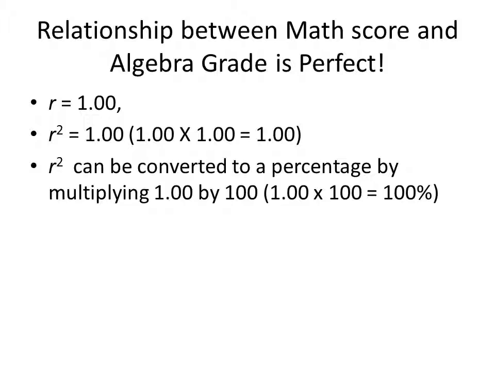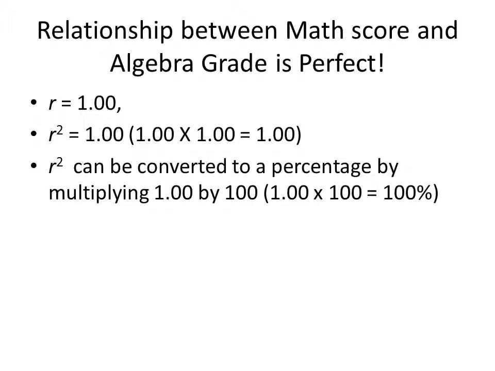Now when we look at this, the relationship between math score and the algebra grade is perfect. So we have an r of 1.00, which is a perfect relationship, and we would also say r squared is 1.00. Now remember, if you square 1.00, 1.00 times 1.00 equals 1.00.